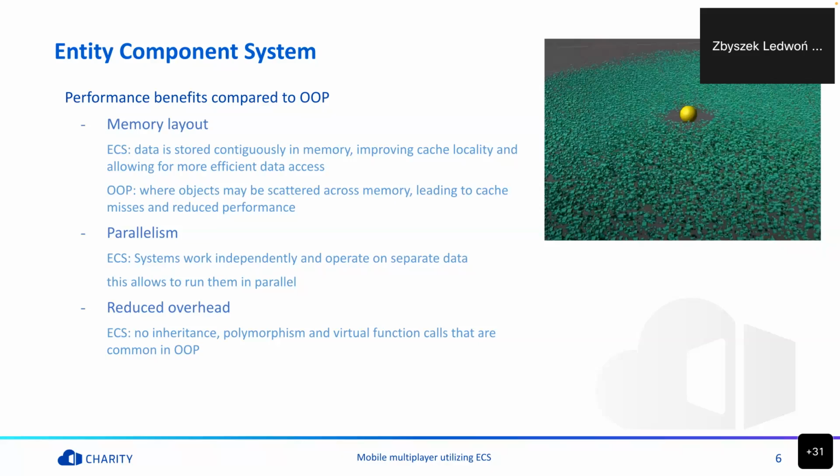Also in ECS, there is no inheritance, polymorphism, and virtual functions like in object-oriented code. And this allows the code to be easier and executed faster.